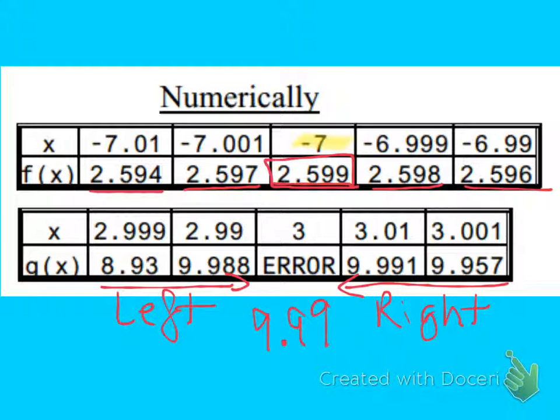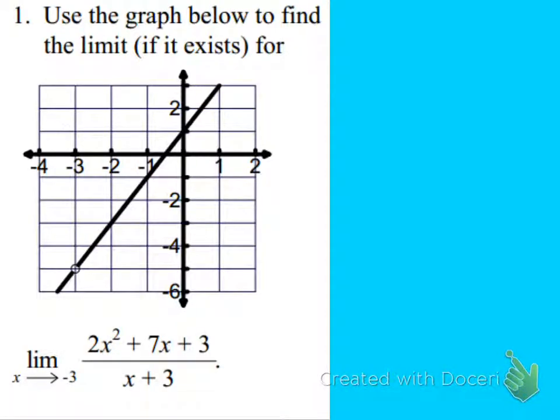So even though we don't have an exact answer at x equals 3, there may be a hole in the graph, there still may exist a limit. All right, so let's do a couple of examples to see what we're talking about here.